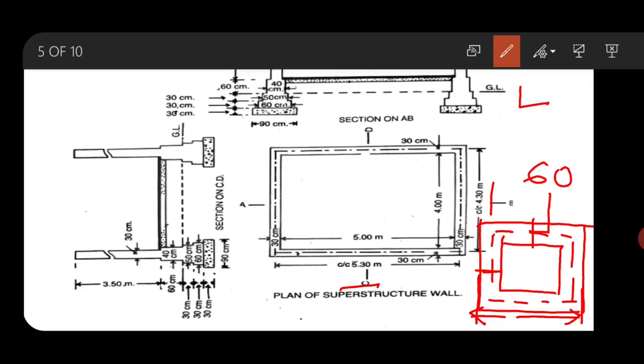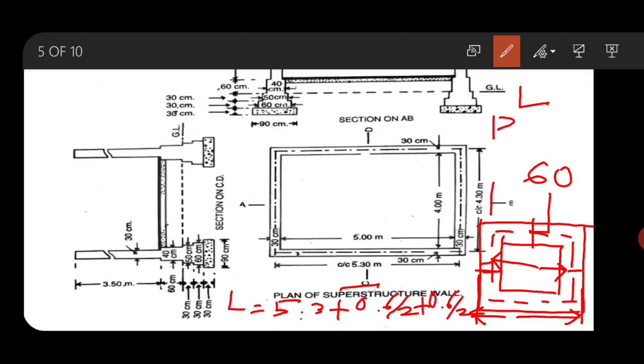This out to out dimension can be obtained by adding half of the breadth of the wall on one side and half on the other side to the center to center length, which is equal to 5.3. So we will get the total out to out length of the first footing along long wall. This will be equal to 5.3 plus 0.6 by 2 plus 0.6 by 2. So this will give us the length.